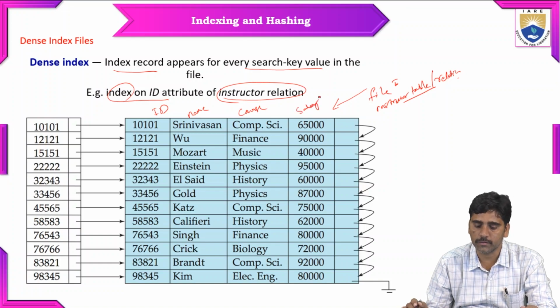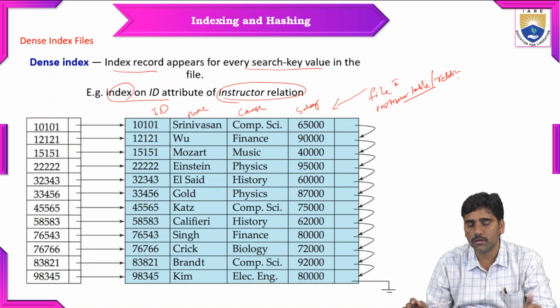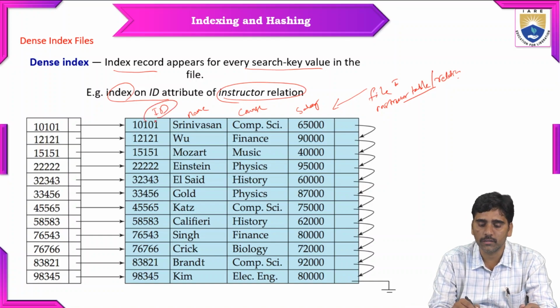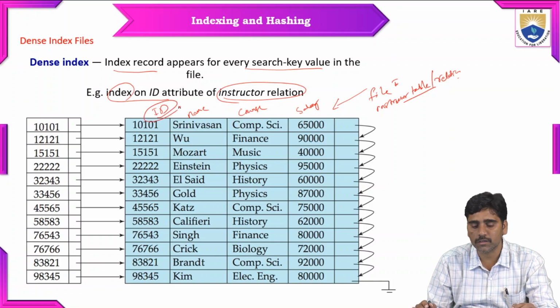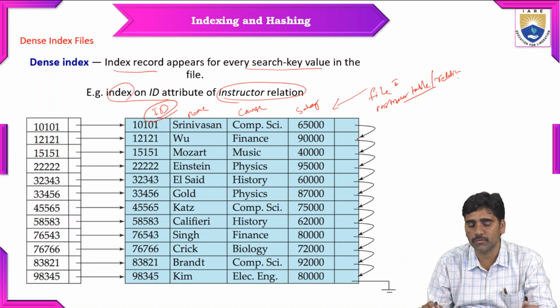The primary key attribute is the instructor ID, so on the basis of instructor ID, all the remaining values are going to be retrieved.